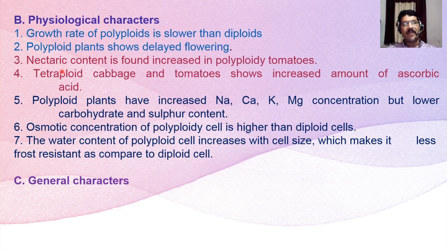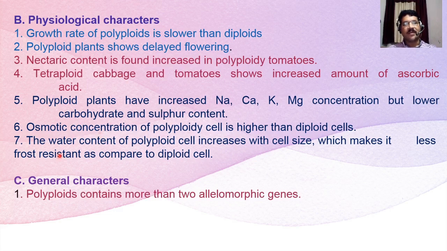Now, apart from morphological characters and physiological characters, polyploids will show some general characters also. So what are those? We will discuss here. First important character is polyploids contain more than 2 allelomorphic genes. So polyploids, as we know, contain more than 2 sets of chromosomes.